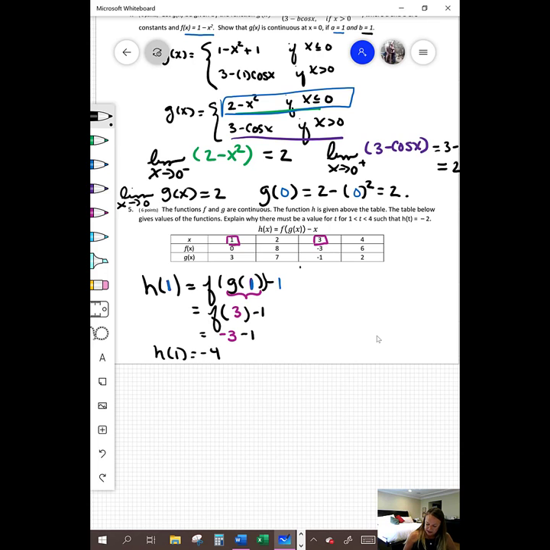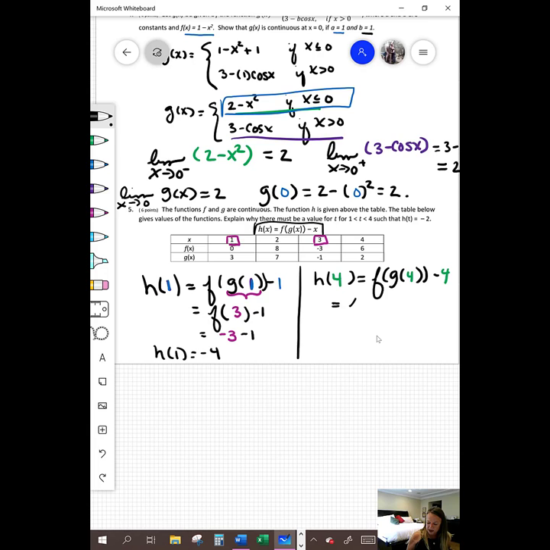Now let's look at the other end value of our interval, h of 4. So plugging it into this equation here, this is equal to f of g of 4 minus x, which is 4.